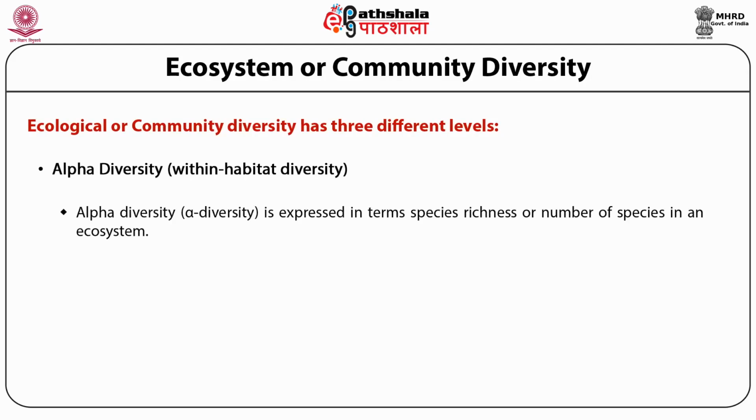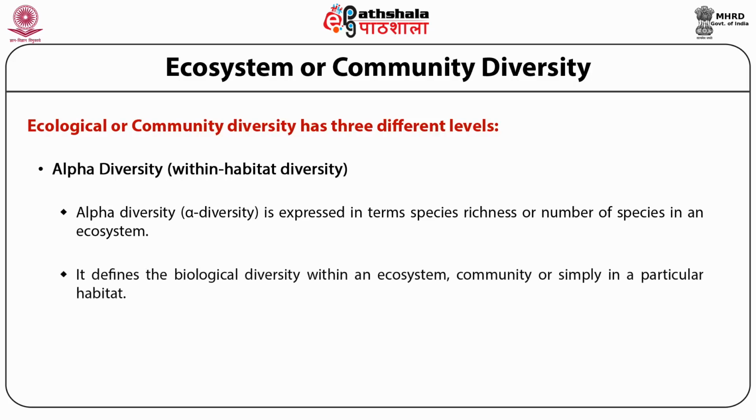Alpha diversity is expressed in terms of species richness, or the number of species in an ecosystem. It defines the biological diversity within an ecosystem, community, or simply in a particular habitat.